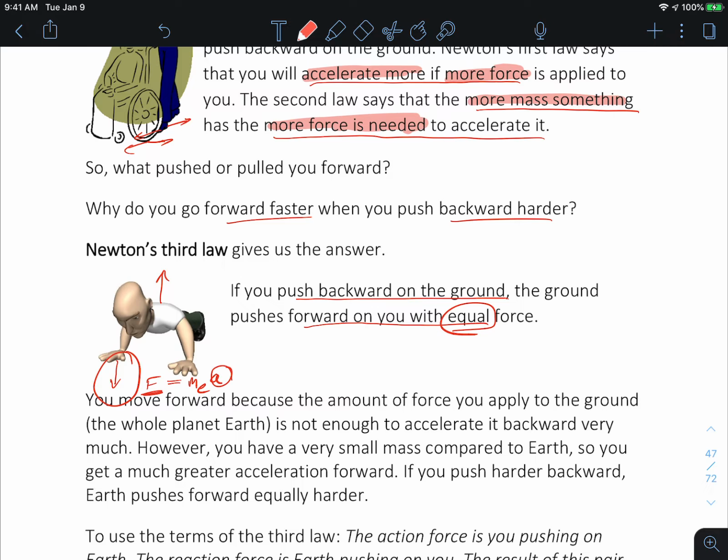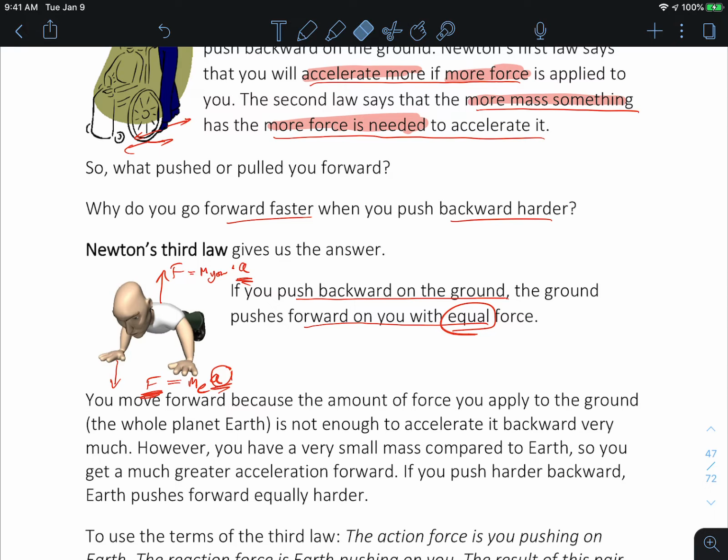If you are thinking mathematically, that's going to be a very small number, because this force is the same as this force. And this force is now the mass of you times an acceleration. Certainly the acceleration of you compared to the acceleration of the Earth is going to be much more. So when we push down on the Earth, it is so massive that it doesn't really accelerate.